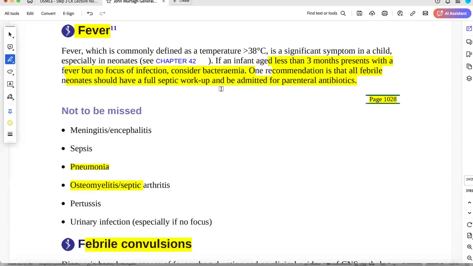So for a less than 3-month infant with no focus of infection but with fever, a full septic workup has to be done because you want to rule out septicemia. And one of the important causes of septicemia in a child like this is meningitis. So you have to consider all of the possibilities in this case.